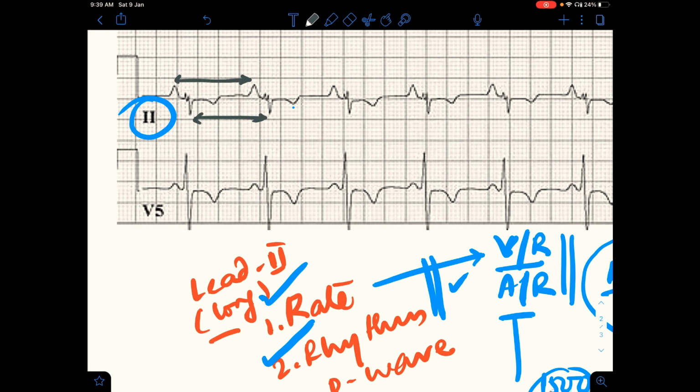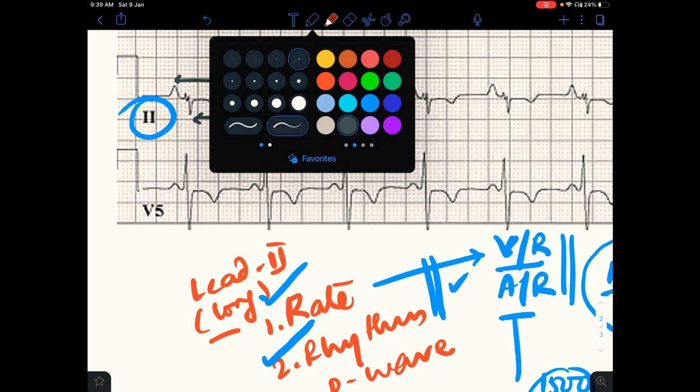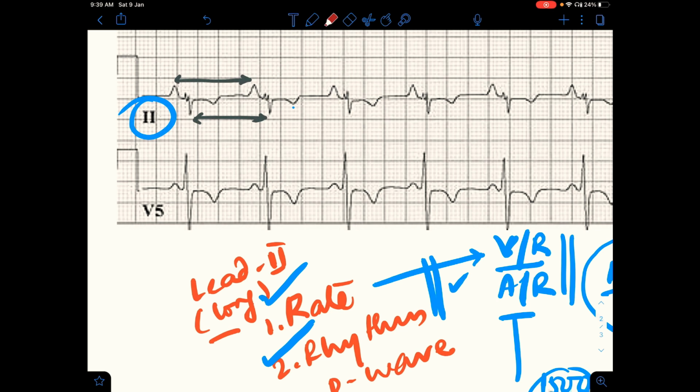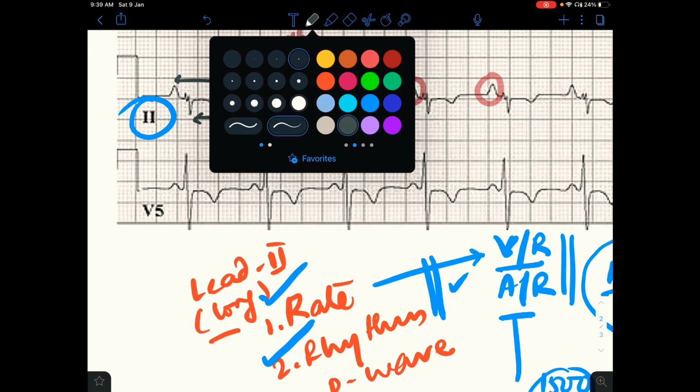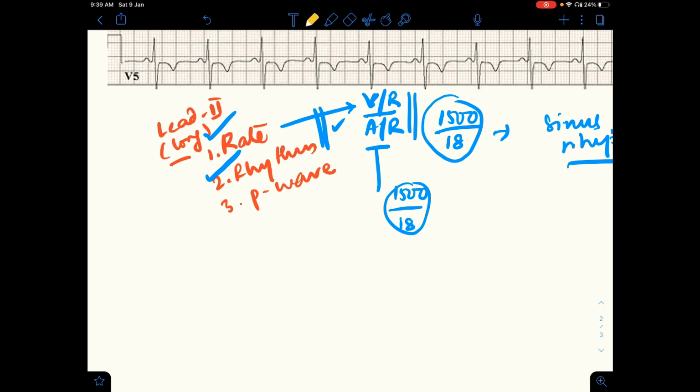The peculiar thing you will see here is that the P wave is very large compared to the QRS complex. It has a strong positive component in every lead, so the P wave has become like this.